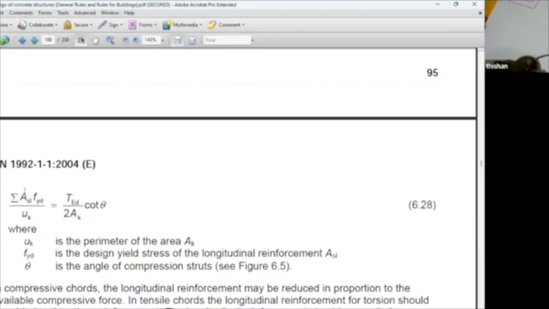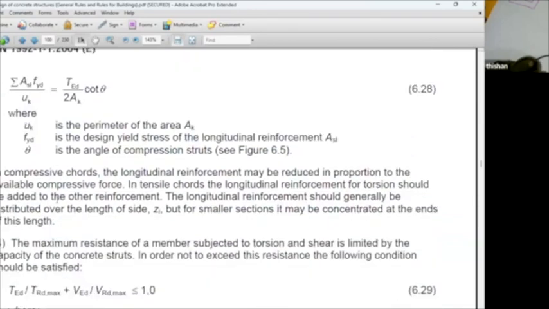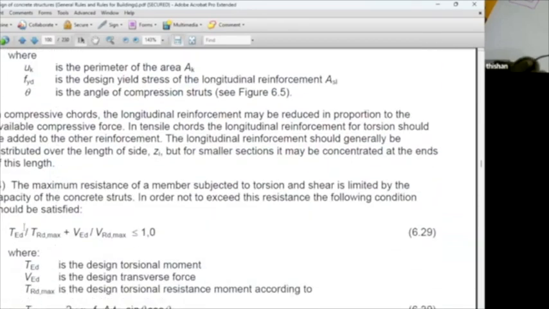So the ASL values may be different, so we have to go for addition. I'll show you how you make use of this equation to find the amount of longitudinal reinforcement needed. And then it says you have to fulfill this particular requirement. What is the requirement? That is to make sure the torsion and shear once combined are not excessive. So that is also another condition.